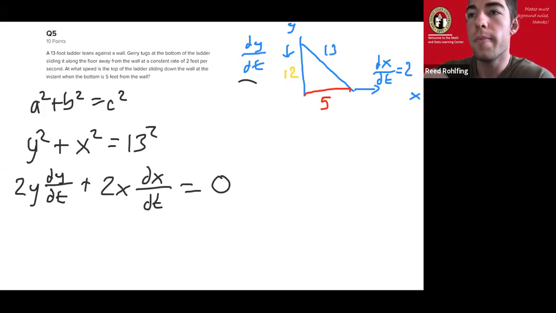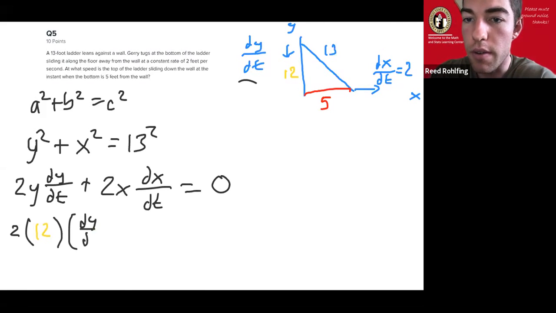Okay, so from here, we have some variables. We know y is equal to 12, so we can make this 2 times 12. We know we were trying to solve for dy over dt, so we're going to leave that as a variable.